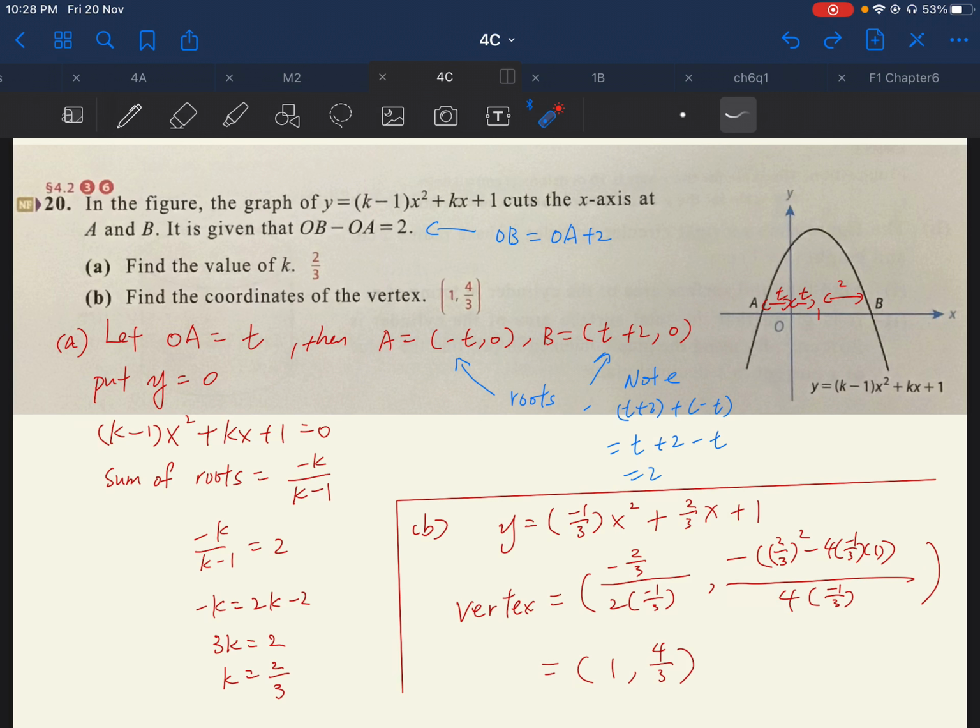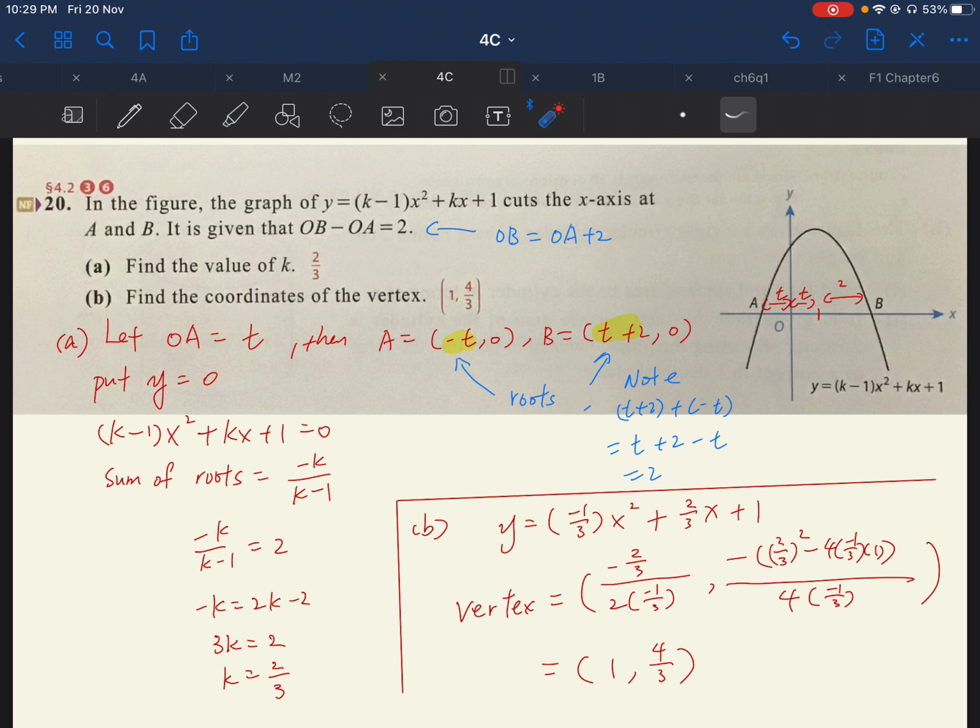OB would be OA plus 2. If I reflect the distance to this side, this little part is just OA, which is t, and then plus 2. That means the coordinate of B would be t plus 2, and then 0. So these are just the roots.